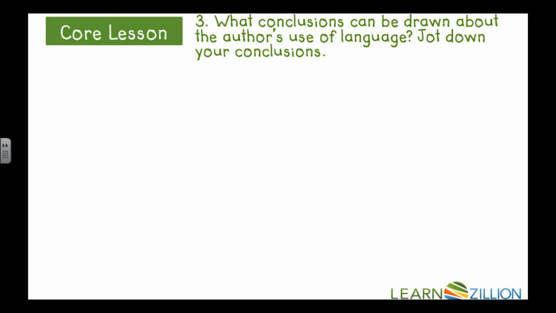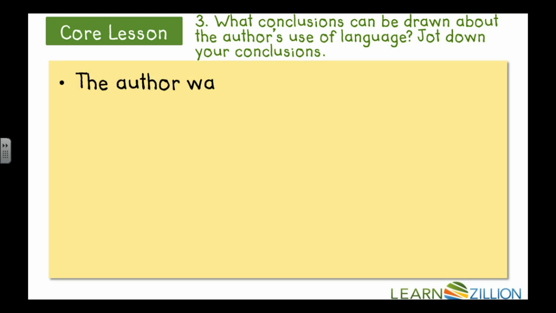Now, step 3. What conclusions can be drawn about the author's use of language? Jot down your conclusions. Great writing does not happen by accident. I feel confident in drawing 2 conclusions about how Frederick crafted this passage.